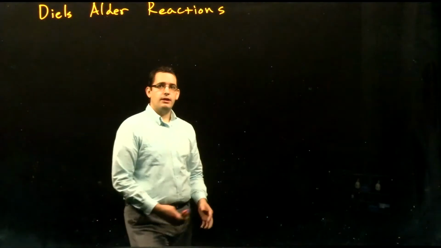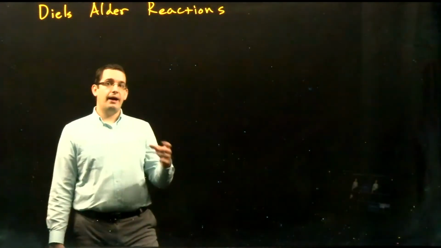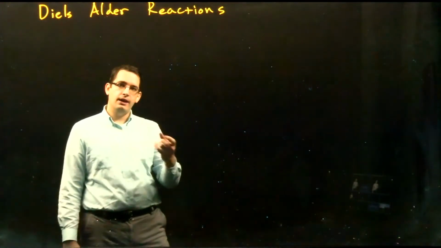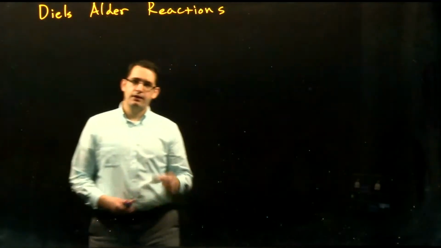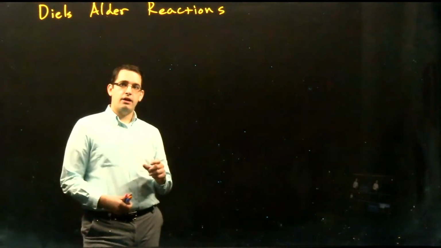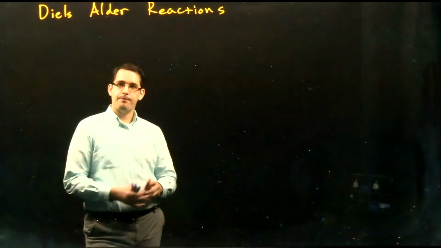Now in our last video we looked at these conjugated dienes that could react in new ways because of those two alkenes working together. And it turns out we can actually use those two alkenes working together in our conjugated system to make new carbon-carbon bonds as well.